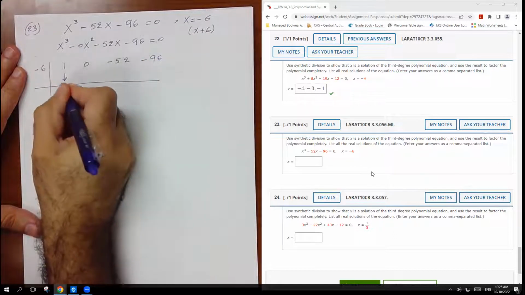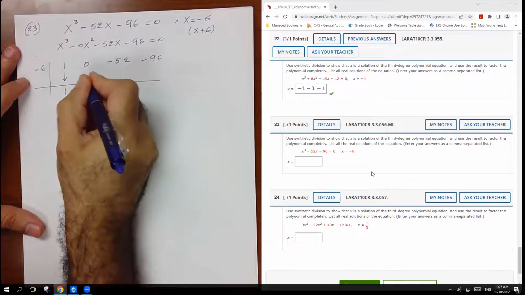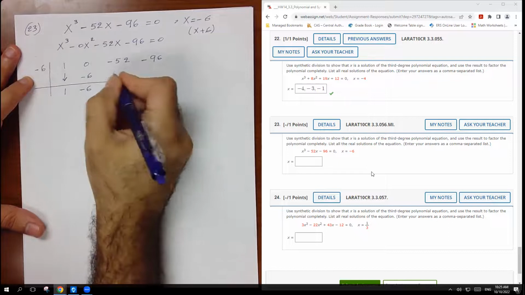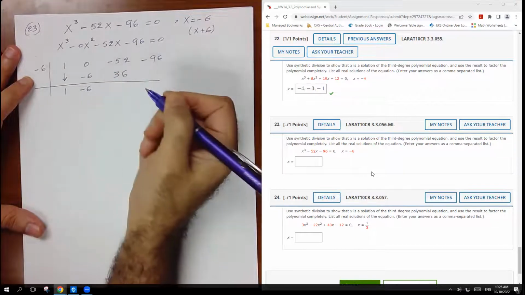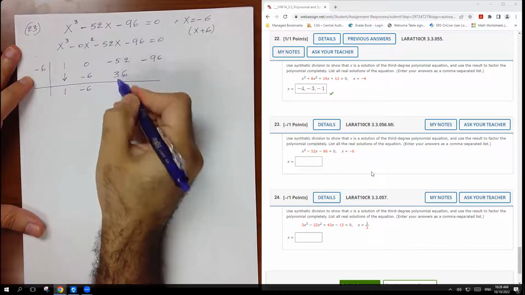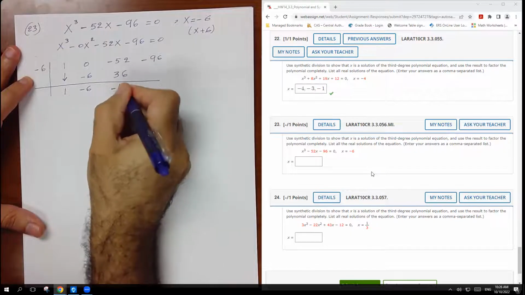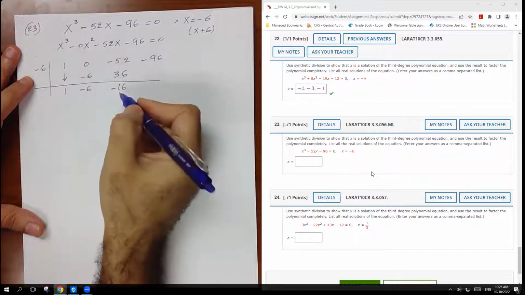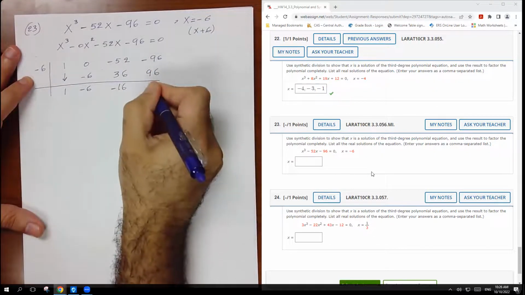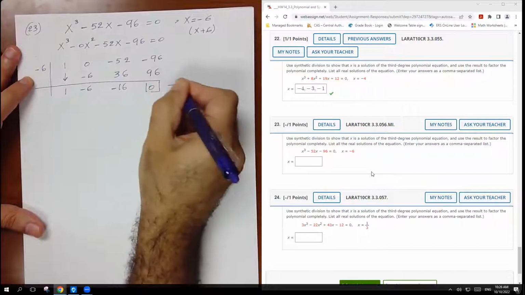I'm just going to write it down. -6 times 1 is -6. Add these together, it's going to be -6. Multiply these, it's going to be positive 36. -52 plus 36 is going to be -16. -6 times -16 is going to be 96. Add these together, it's going to be 0.